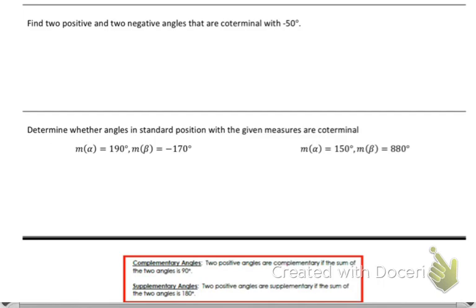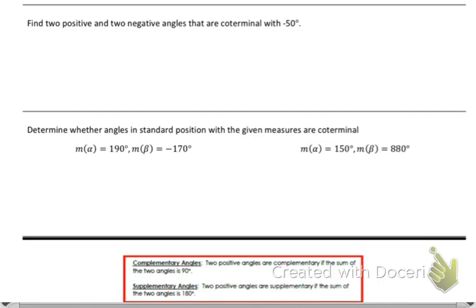Add 360, yeah. I would take negative 50 and add 360, and that would be my first coterminal positive. What would I do to get my next positive coterminal? Subtract 360? Wouldn't that give me a negative, though? I want two positives. So add twice, yeah.